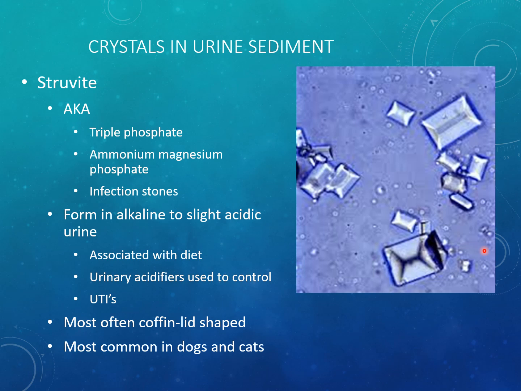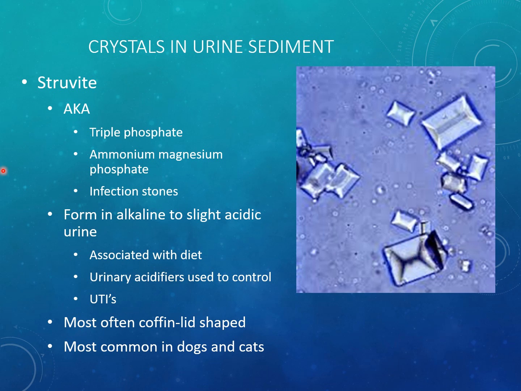If the urine is acidic, they won't form because they usually form in alkaline urine. Some of the diets that you may have heard of, like Hill's c/d or Royal Canin Urinary SO, have a reduction in magnesium, phosphorus, and protein, and they also help to acidify and dilute the urine, because these crystals usually form in alkaline urine.